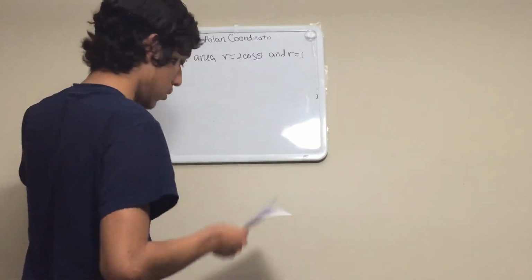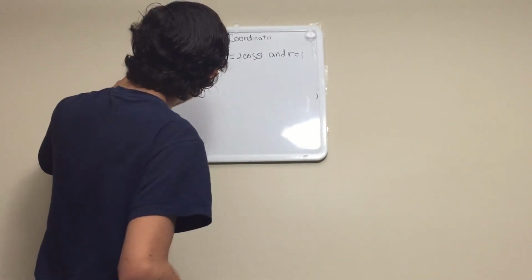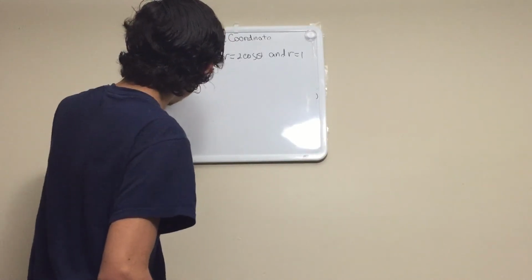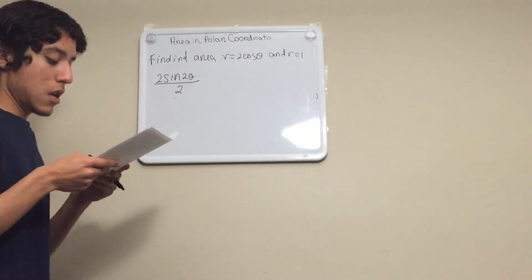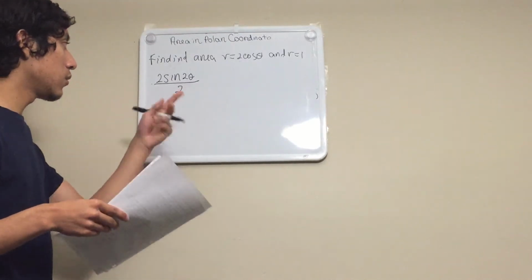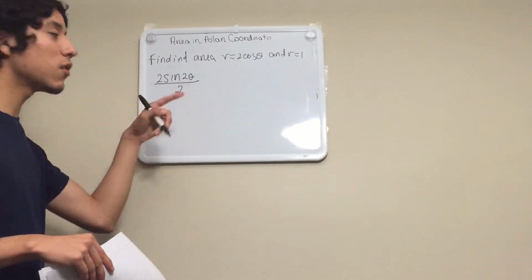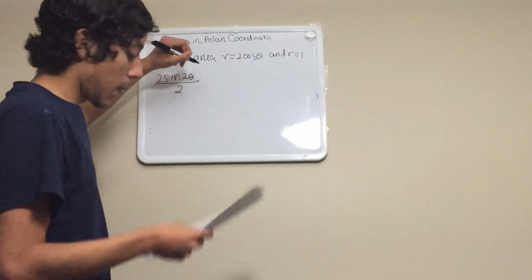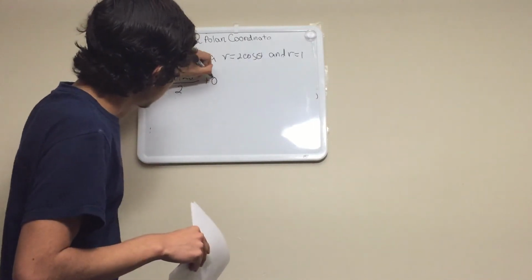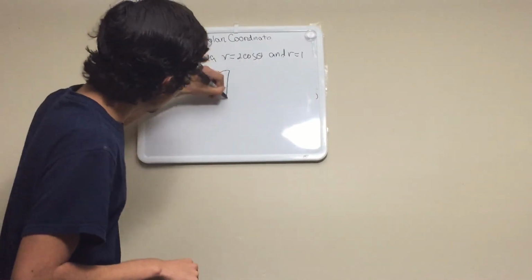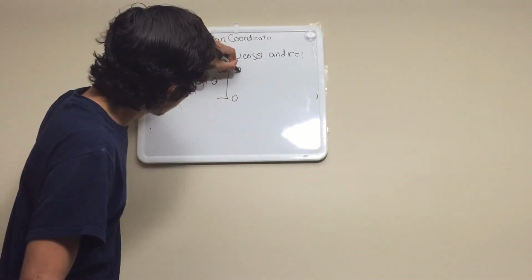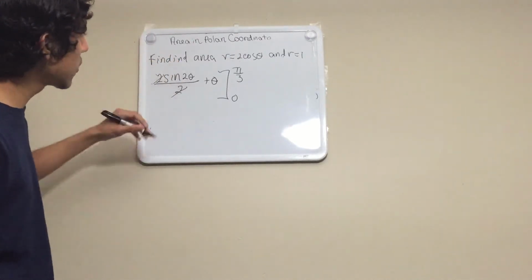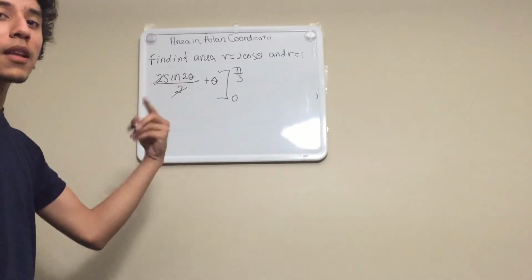It was 2 sine 2 theta over 2, and that 2 comes from the formula. I don't know if I wrote the 2 before in the previous equation, but the 2 goes there. Plus theta from 0 to pi over 3. Now this 2 and that 2 cancel, leaving us with sine 2 theta plus theta.